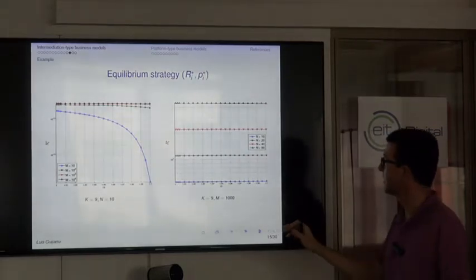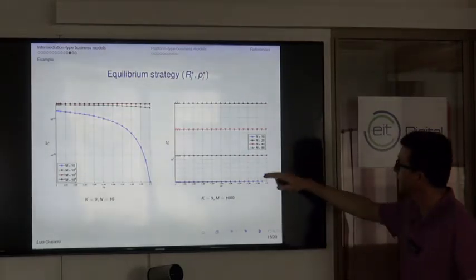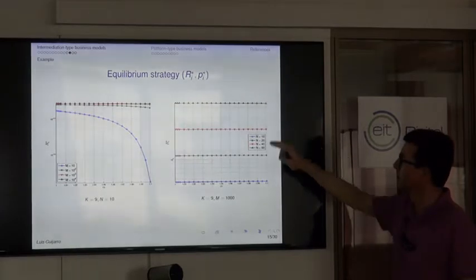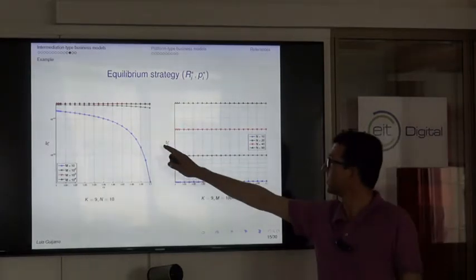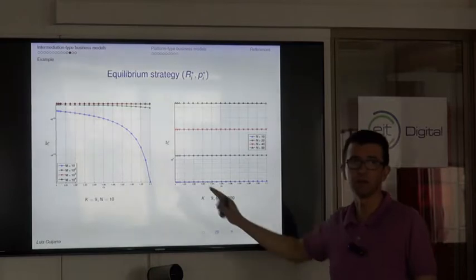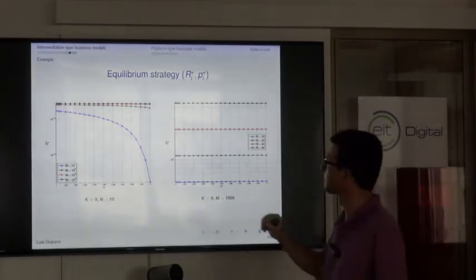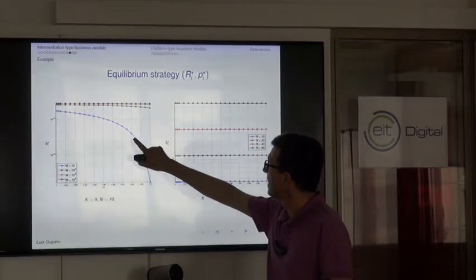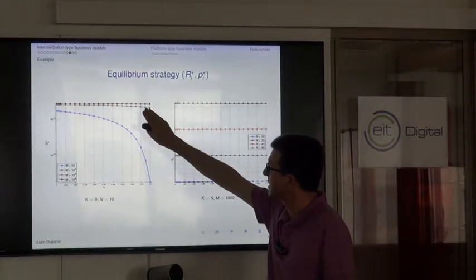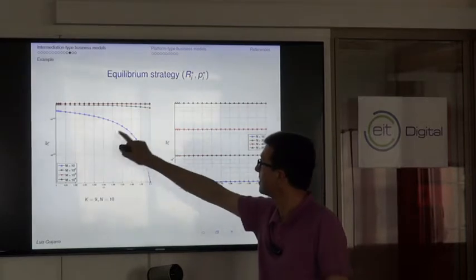What we see is that as N increases, this equilibrium R increases, which makes sense again because we have a larger set of sensor networks delivering sensing data. And as capital M increases, there is only a slight increase in R.